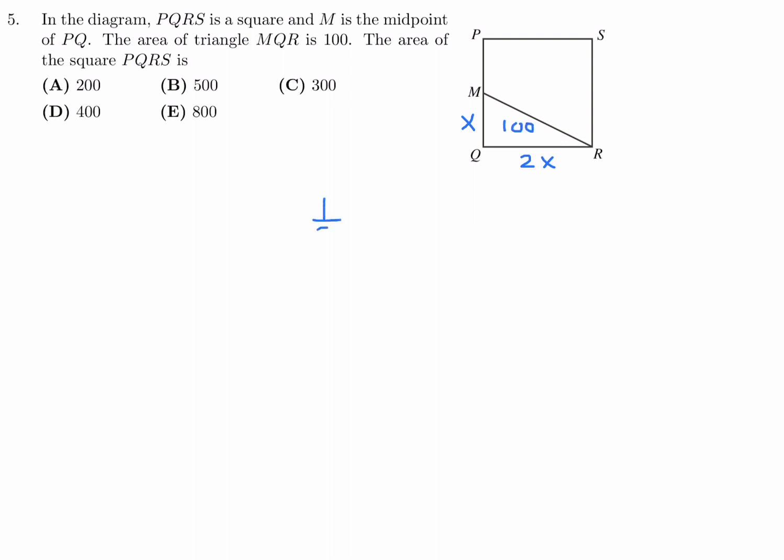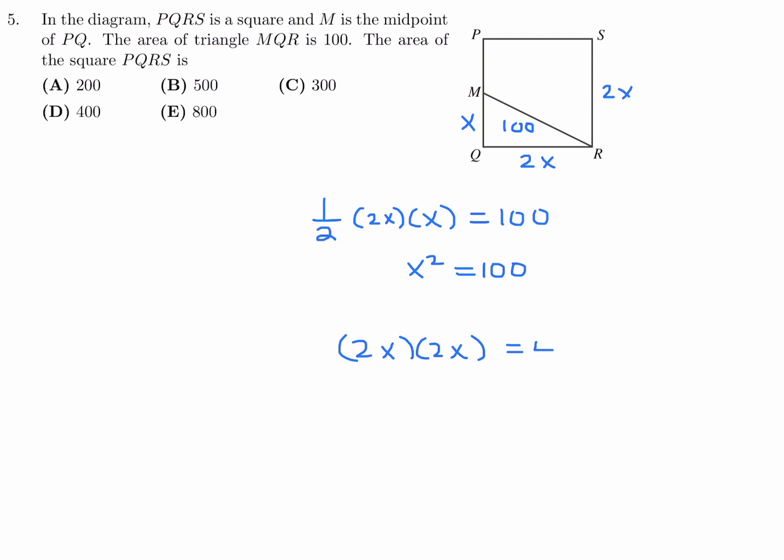So the area of a triangle is 1/2 base times height, which would be 2x times x, and that's 100. So this means that x squared is 100. The area of the square is 2x times 2x, and that is 4x squared. X squared we just figured out was 100, so therefore that is 400. So number 5, the answer is D.